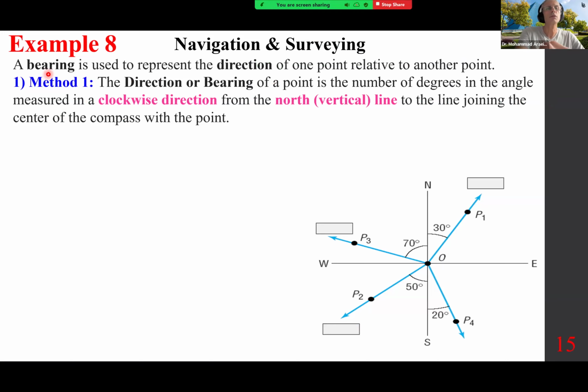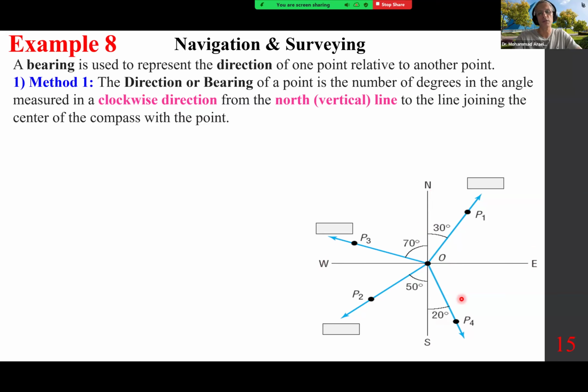A bearing is used to represent the direction of one point relative to another point. Method 1. The direction of bearing of a point is the number of degrees in the angle measured in a clockwise direction from the north. So this is north, south, east, west.